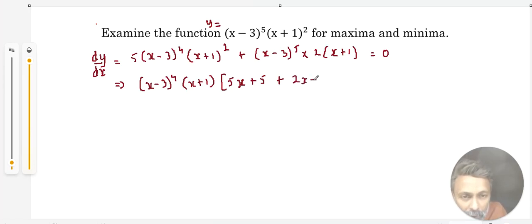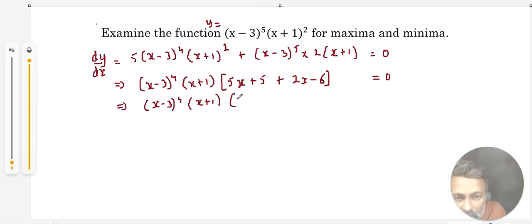So we write here 2x minus 6 is equal to 0. This gives us (x minus 3) raised to 4, (x plus 1), (7x minus 1), since 5x plus 2x is 7x and 5 minus 6 is minus 1, equal to 0.